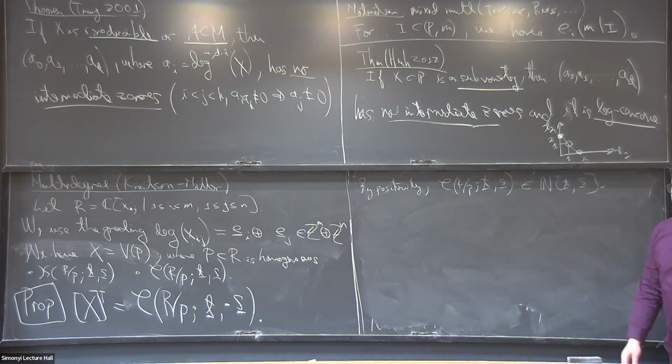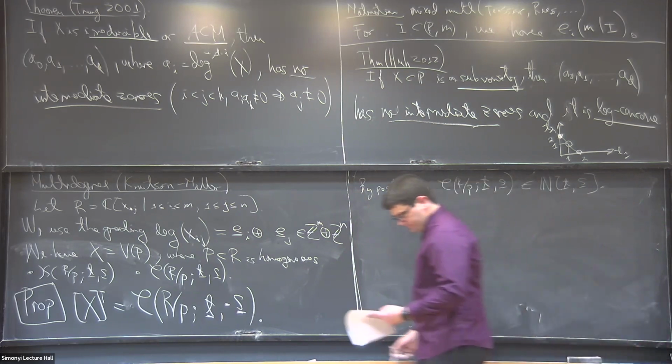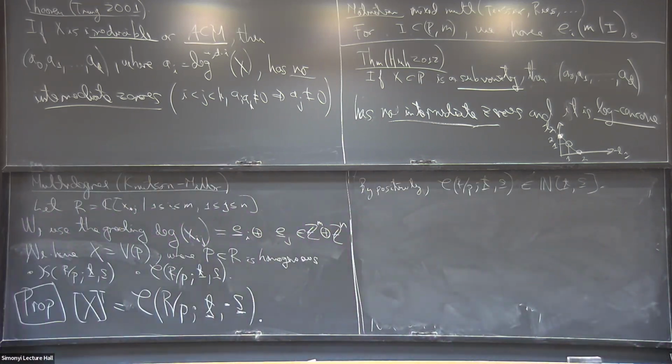Okay, so now the idea is that we are given a prime ideal inside a polynomial ring with a positive grading. The theorem that we will prove is that if you have any prime ideal with a positive grading, then the multi-degree polynomial will always be a covolume polynomial.